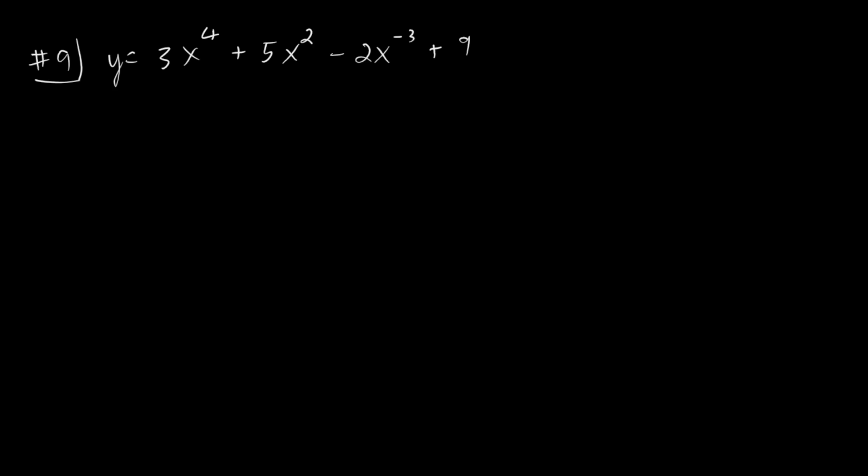For number 8, we have y is equal to 3x raised to 4 plus 5x squared minus 2x raised to negative 3 plus 9. In this case, we can now differentiate.